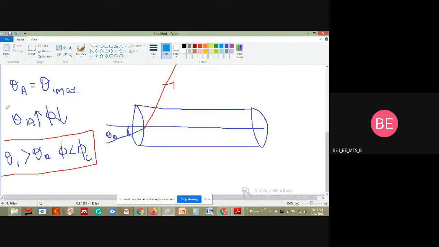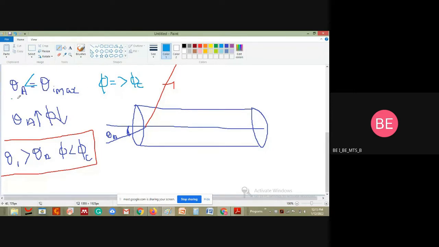If this condition is satisfied, when theta A is less than or equal to theta I max, this phi will be equal to or greater than phi c.